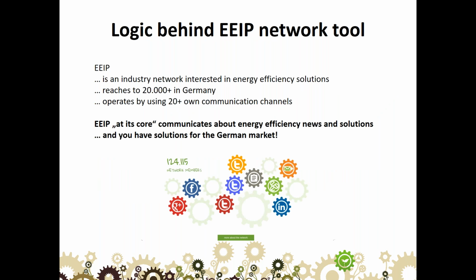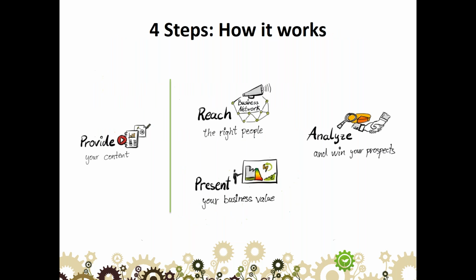Well, the logic follows the way how EEIP works. There is a reach. The network covers around 20,000 in Germany, and there's an interest. These people are interested in industrial energy efficiency solutions. This is the core of EEIP. And you have the solutions, so that's a perfect fit. We just need to talk about it. And that's how it works.